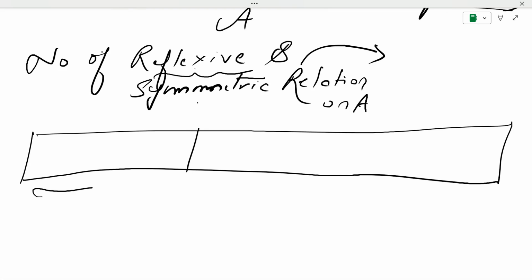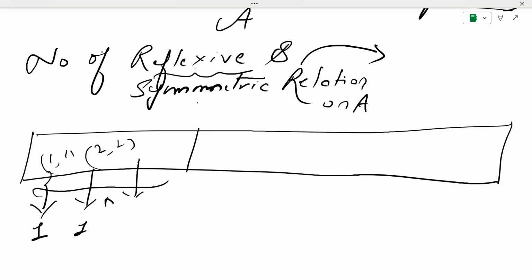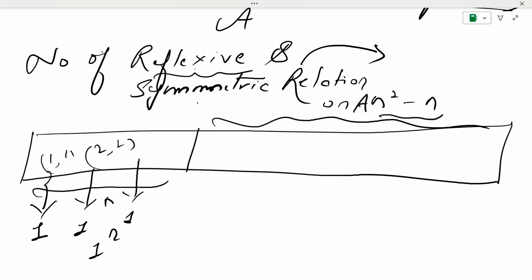If we have the set of n elements, for the pairs (1,1), (2,2) and so on, for being reflexive, they have to be present. So 1 raised to the power n. And for the remaining n squared minus n elements, if (1,2) is present, then (2,1) has to be present.